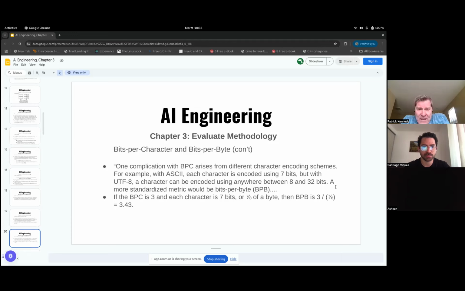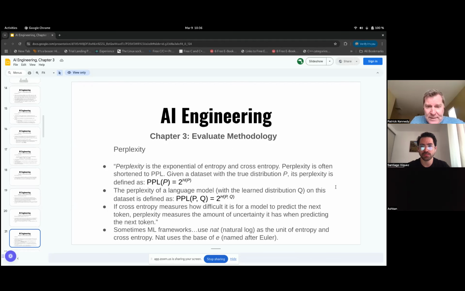So for that, you'll probably need bytes per character. It'll be more robust and handled properly. There are different ways of doing these things. We've got 4 different major metrics, and I think we'd probably be doing bytes per character if we needed one of these two.